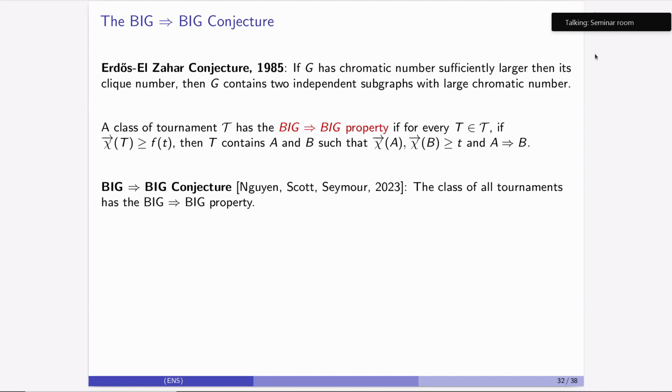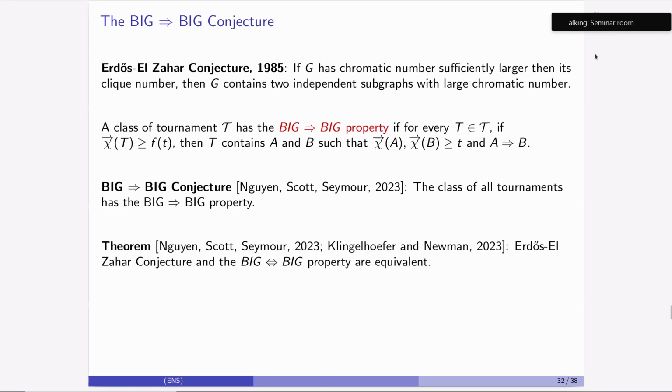So they proposed this conjecture and proved that this conjecture implies this one. And a few months later, Alon Newman and Felix Klingelhoefer proved the other direction. So actually, those two conjectures are equivalent. And most people think that this is false. But before we knew it was equivalent, most people thought that this was true. So we don't know anymore, I would say.